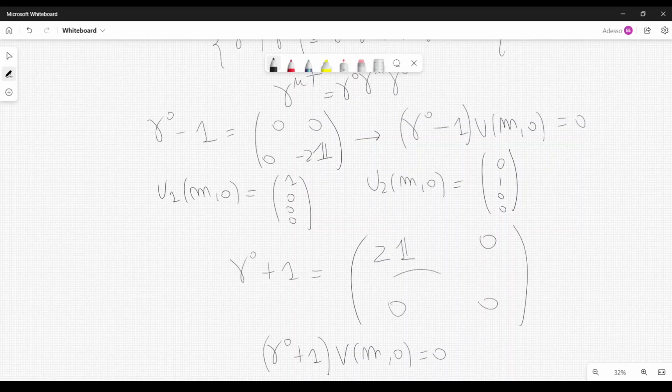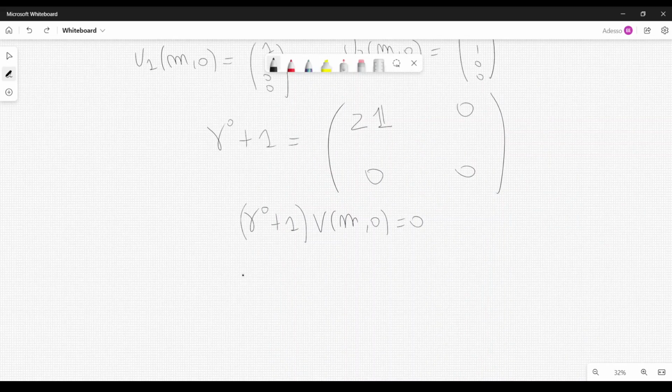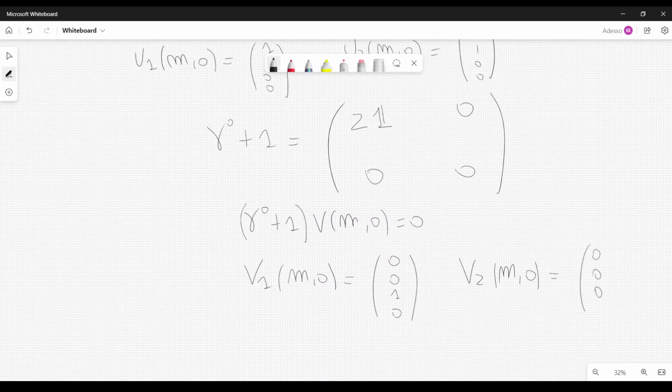And you can see that in this case, I have the last two rows equal to zeros. Therefore, these independent solutions can be chosen like this: v1 of m0 will be 0, 0, 1, 0, and v2 of m0 will be 0, 0, 0, 1.